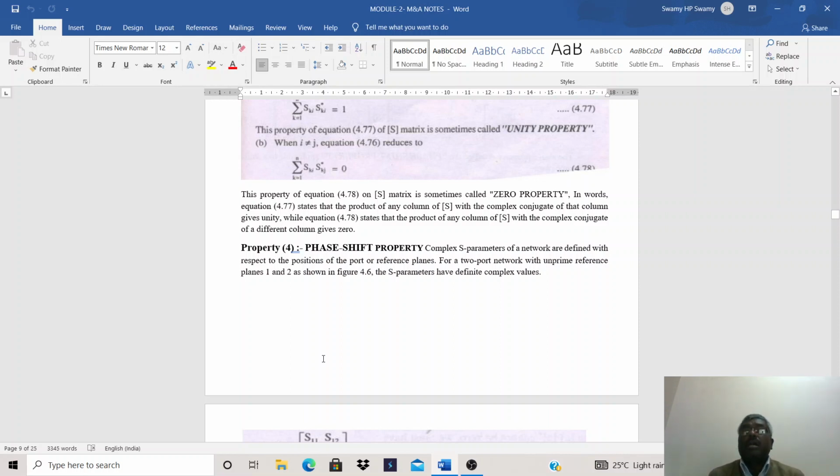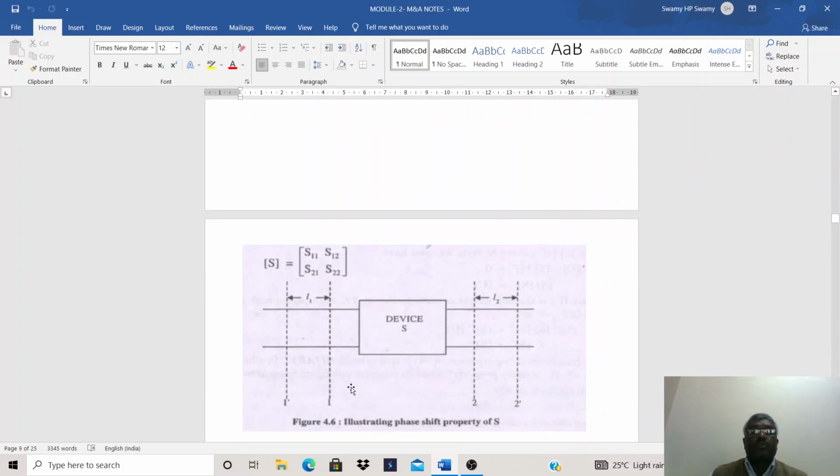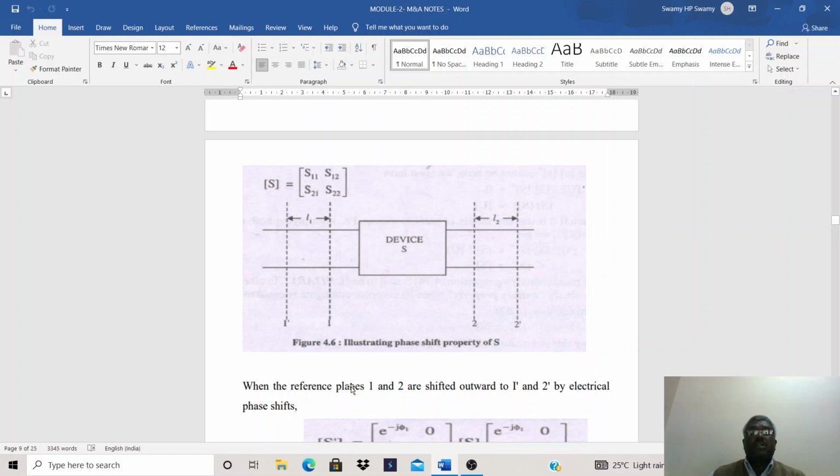For a two-port network with unprimed reference planes 1 and 2, as shown in figure 4.6, the S parameters have definite complex values. So this is the figure you have to use to derive the above property. This is called the phase shift property of S.